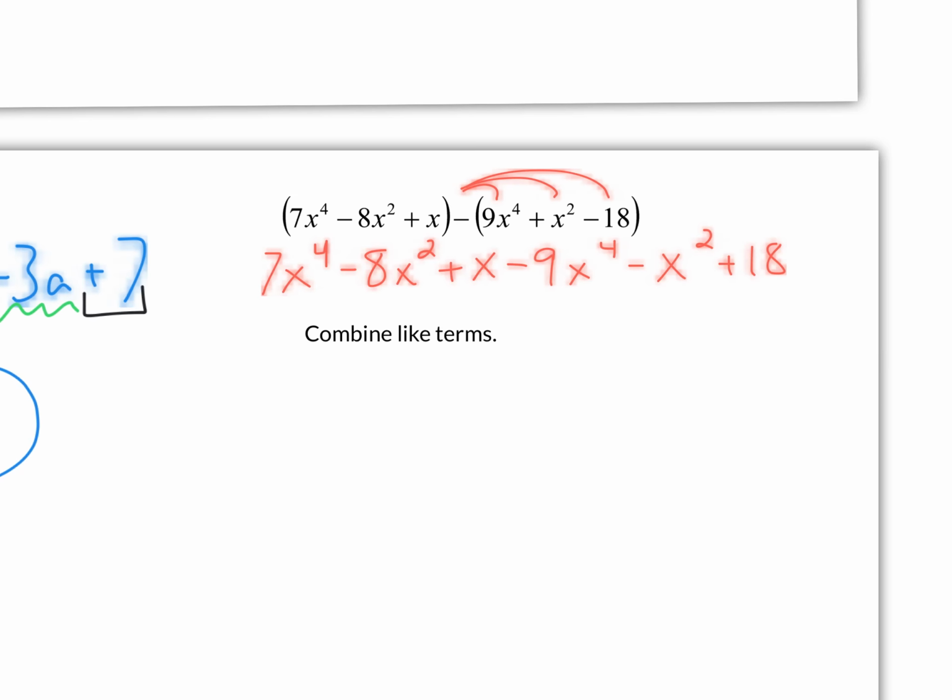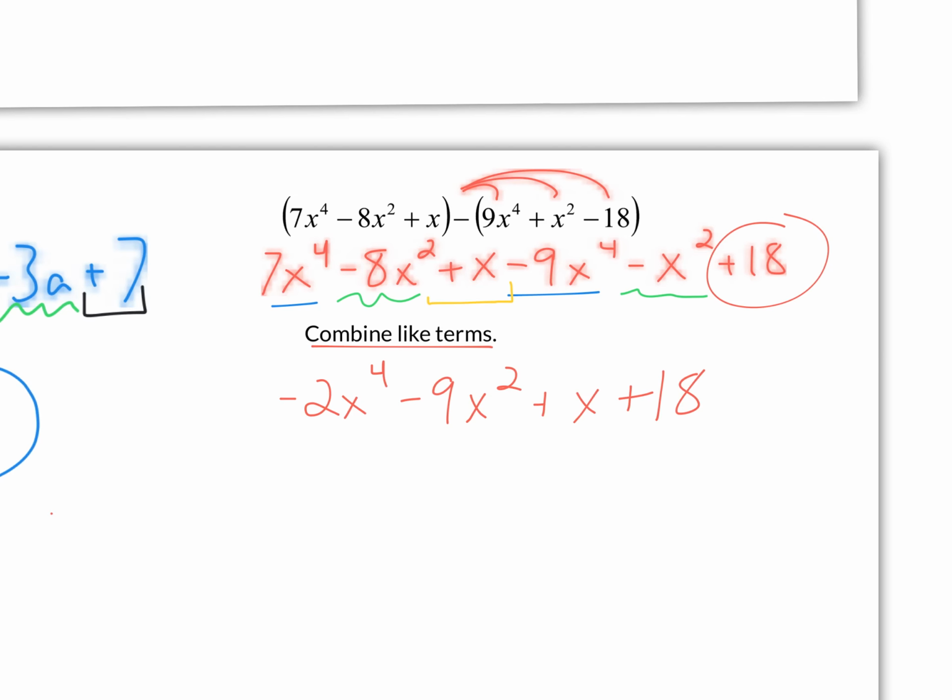So combining like terms, 7x to the 4th minus 9x to the 4th are the two I have to combine. So that gives me negative 2x to the 4th. I have x squareds that are next, negative 8 and negative x squared, negative 9x squared. X doesn't get combined with anything. And then this 18 is out there by itself, plus 18.